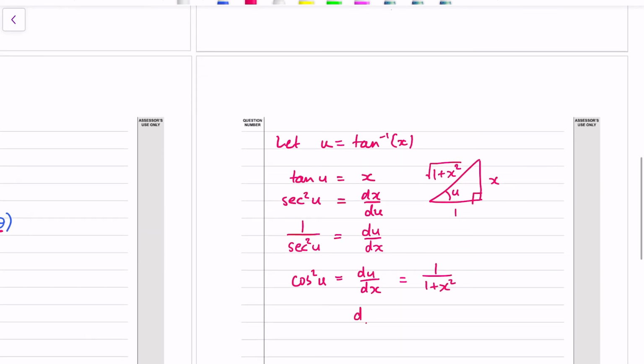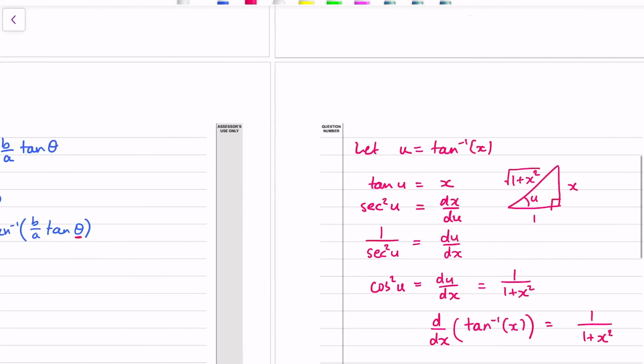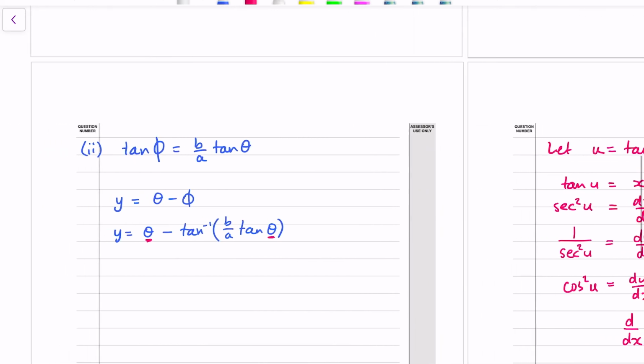So the derivative of the inverse tan function, or arctan function, is 1 over 1 plus x squared. I've memorised that because I've used it heaps over my time at uni and teaching. So if you want to memorise that, then I can solve this problem using it.